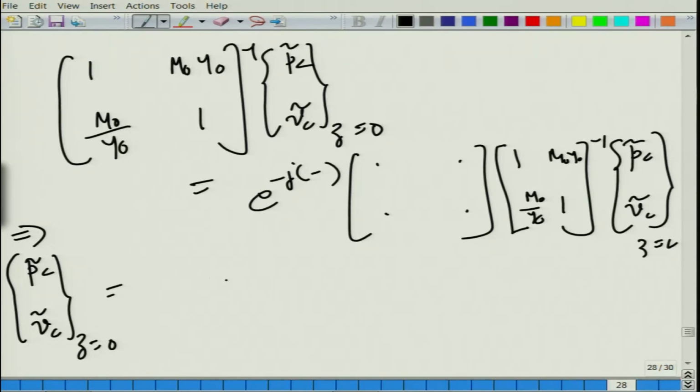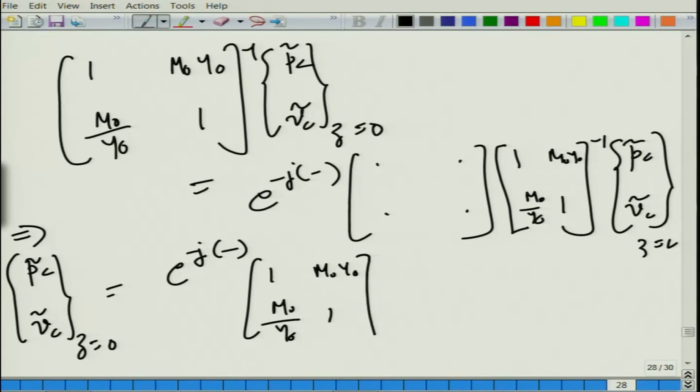So what we would end up with is e to the power of this quantity, and here we have [1, m0 y0; m0 y0, 1] and then this. Now, the inverse of this has to be written.